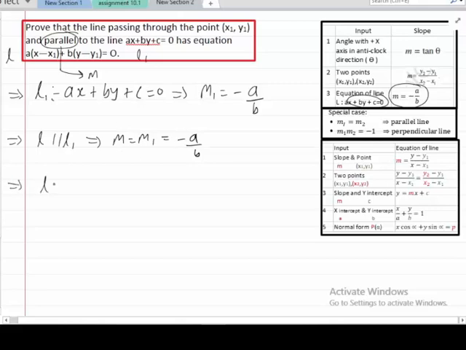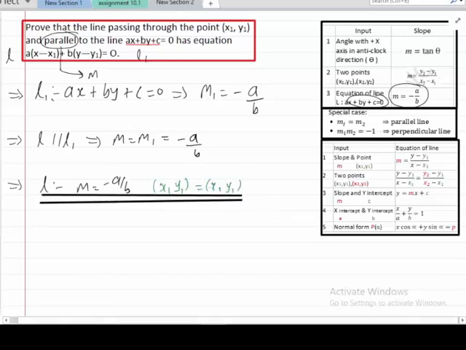Now let's collect the data for line L. It has slope of minus a by b and the point is itself (x1, y1), right?